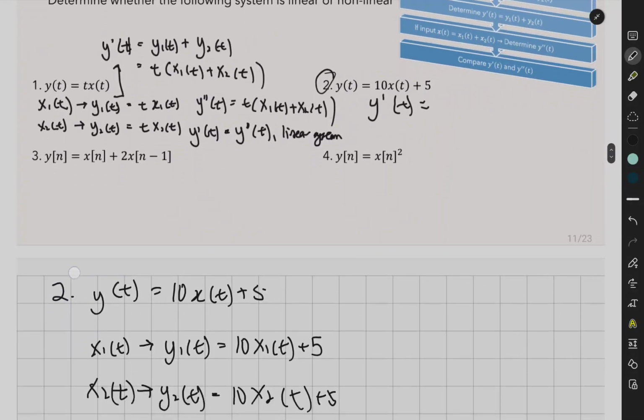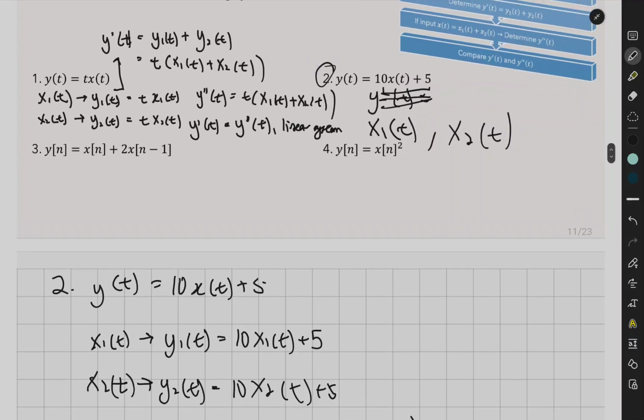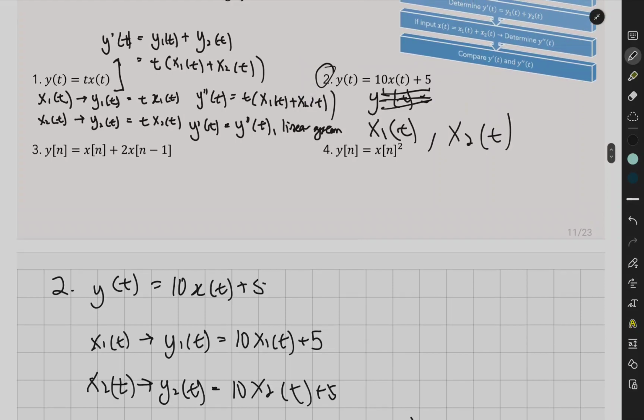We let x(t) equal x1(t) plus x2(t), so that it has two inputs. After that, what should we do?